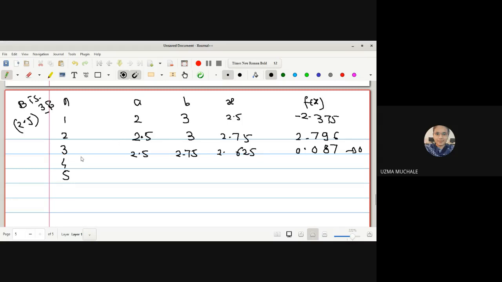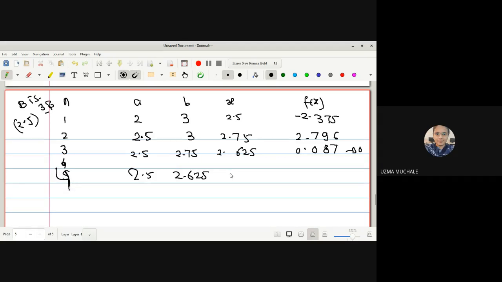Next, we check the value of f of 2.5 into f of 2.625. F of 2.625 is 0.087. F of 2.5 is negative, this is positive. The next root will lie in the interval 2.5 to 2.625. This is your fourth iteration.